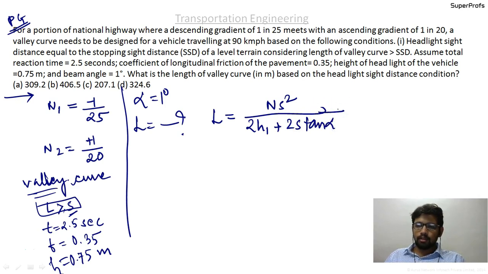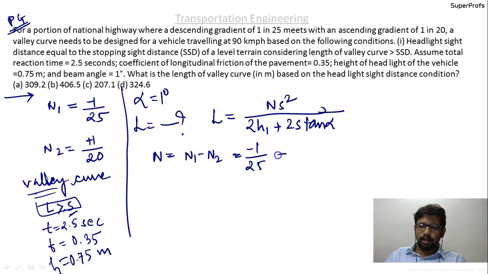But we don't know the N and S values over here. N we will calculate: N will be equal to n1 minus n2, equal to minus 1 by 25 minus 1 by 20, which is equal to minus 0.09.